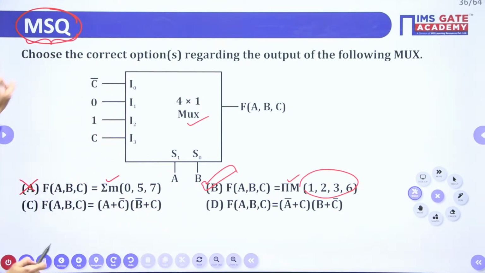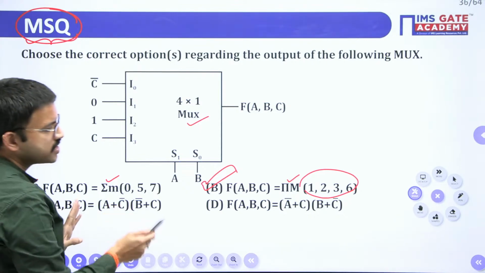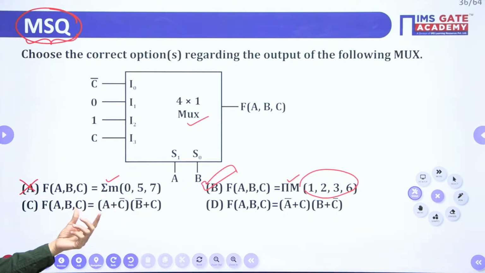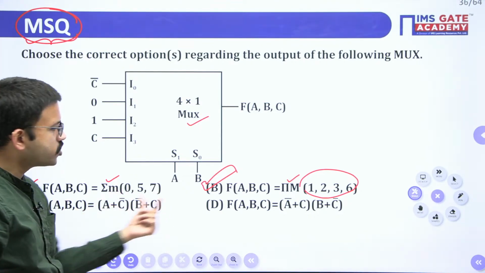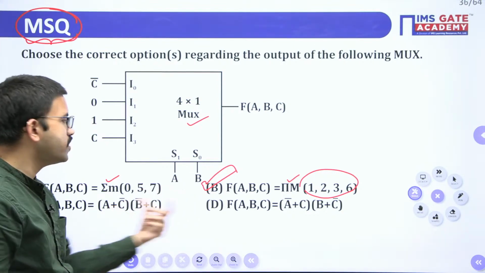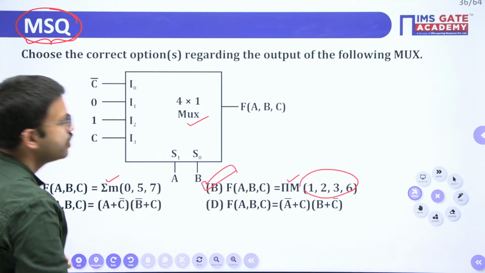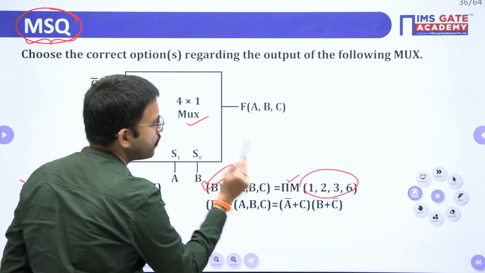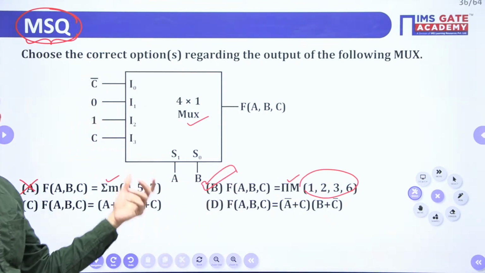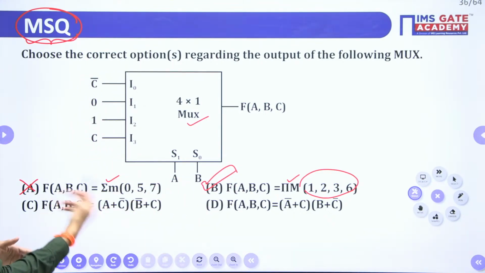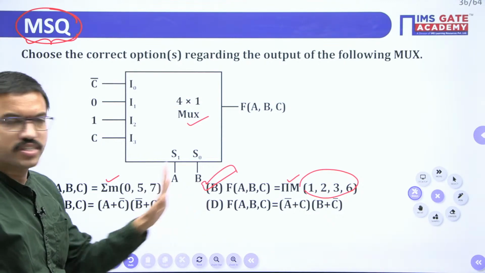Here the question is MSQ, so we have to verify option C and option D also. Both the choices are in the POS form, right? Just now you got the pi capital M form. If you simplify pi capital M, you will get the simplified function in POS form.